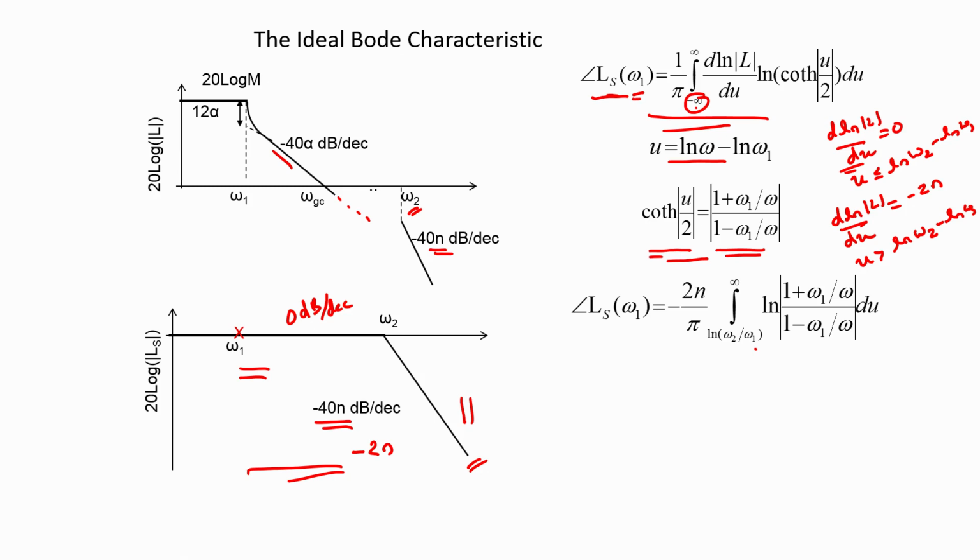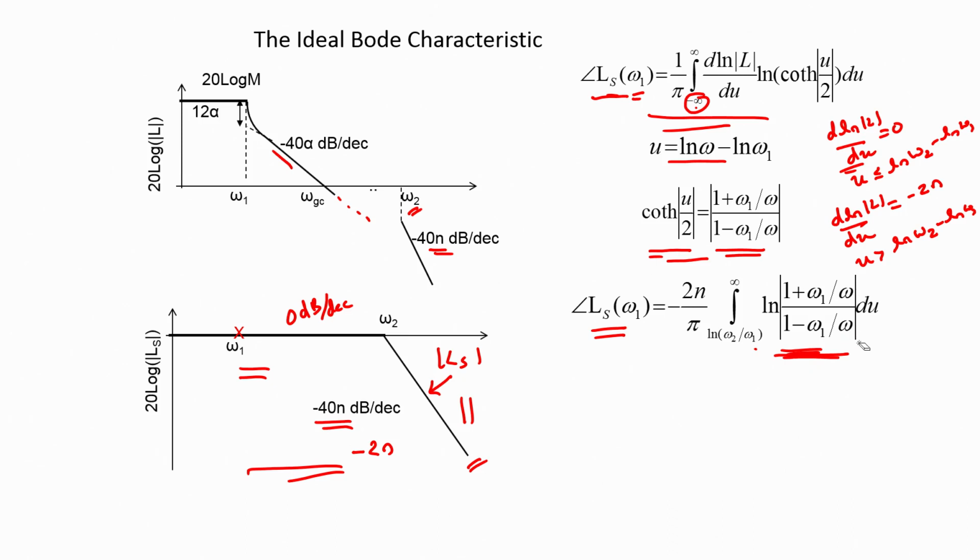What we would be left with is that the angle of Ls, where Ls represents the magnitude characteristics that I have shown here, the phase of Ls at the frequency omega 1, is going to be equal to minus 2n by pi times the integral from ln of omega 2 by omega 1 up to infinity of ln of coth of magnitude of u by 2, which is given once again by simply ln of magnitude of (1 plus omega 1 by omega) by (1 minus omega 1 by omega) du.